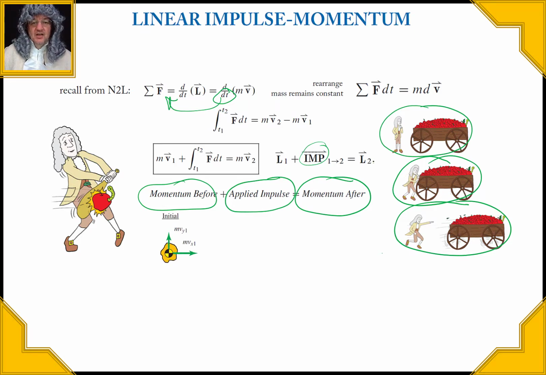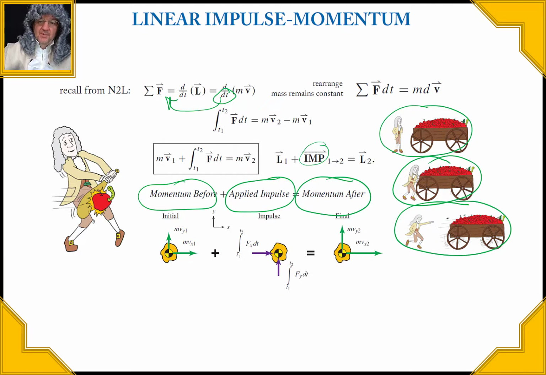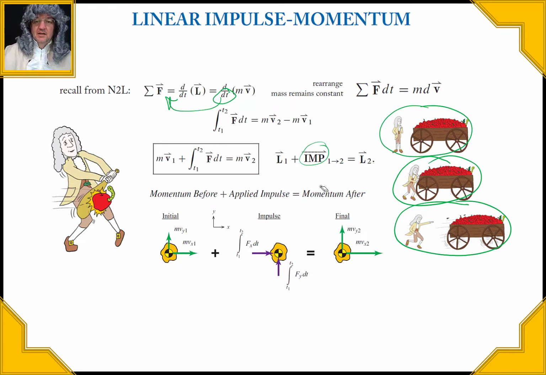And we make a diagram that's similar to what we've done previously. And these diagrams can really help us to organize our thoughts. So we have the initial momentum diagram, we have the impulse diagram, and we have the final diagram. Let me erase these little circles that were getting in the way.